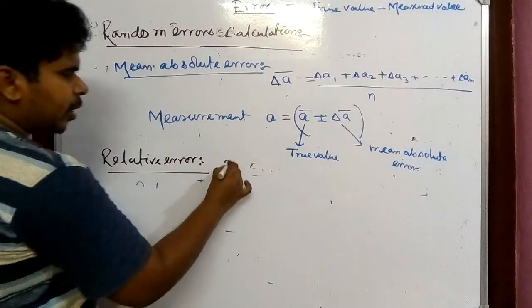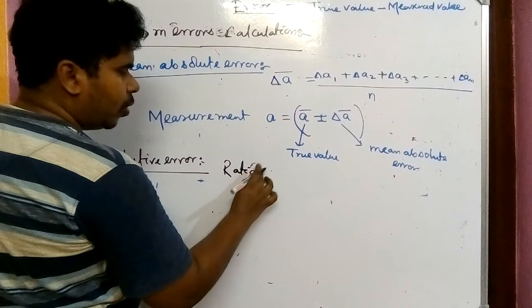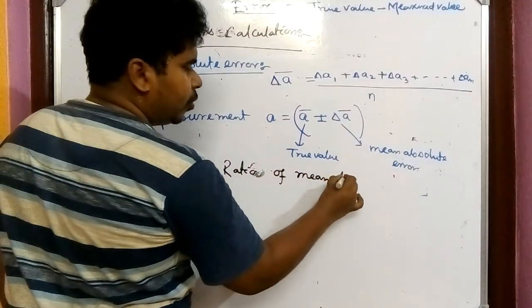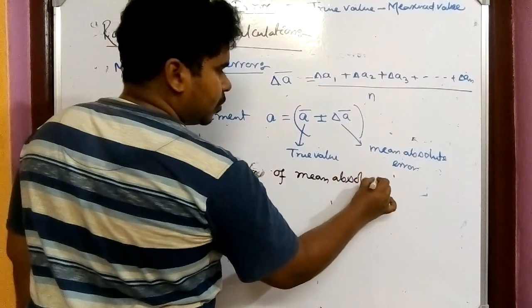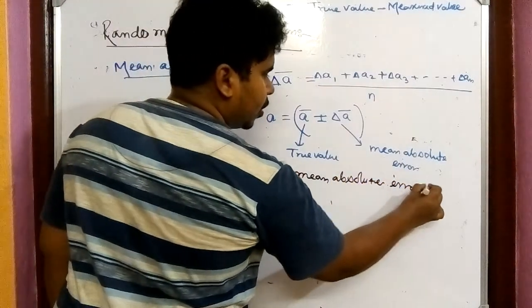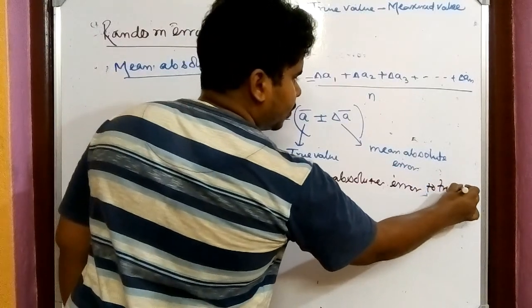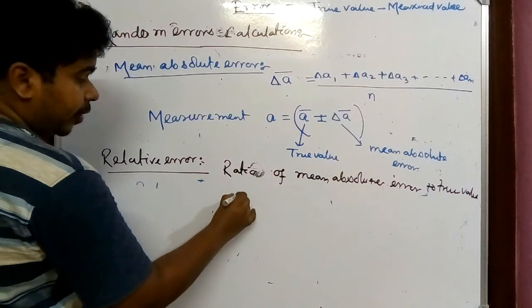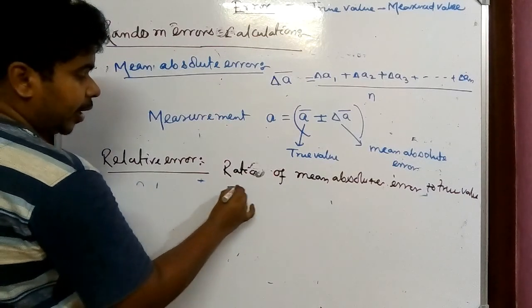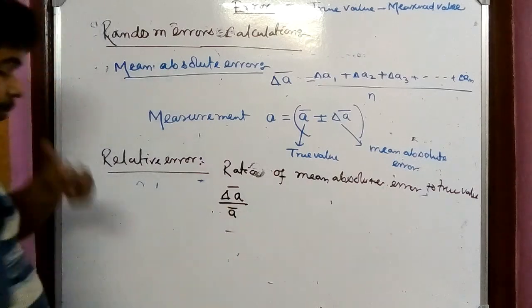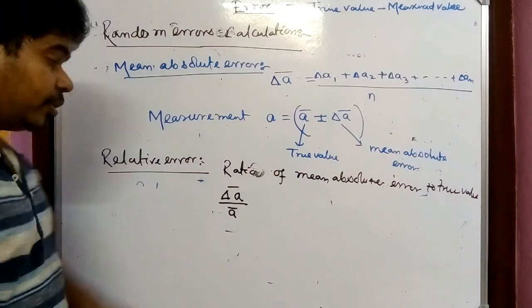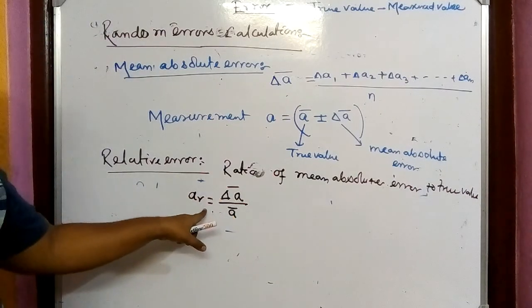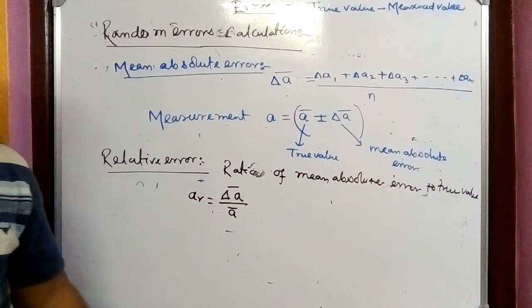The relative error is nothing but the ratio of mean absolute error to true value. That is, relative error is basically delta A bar by A bar.